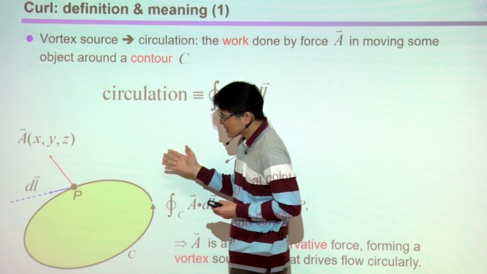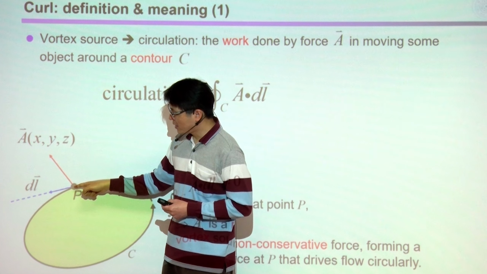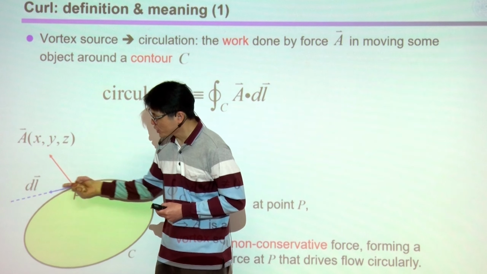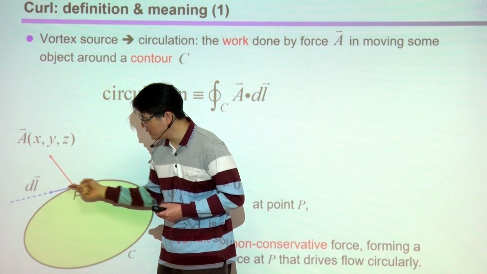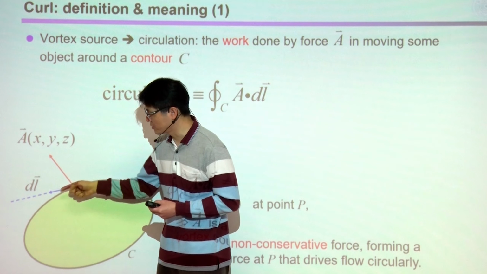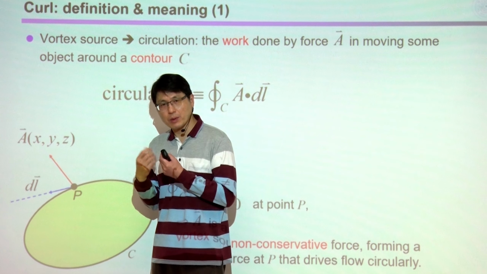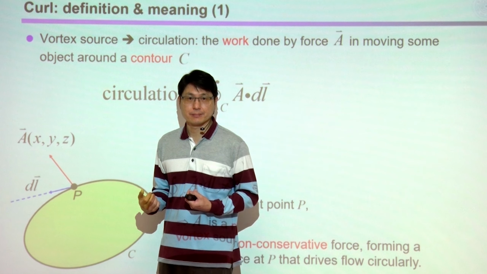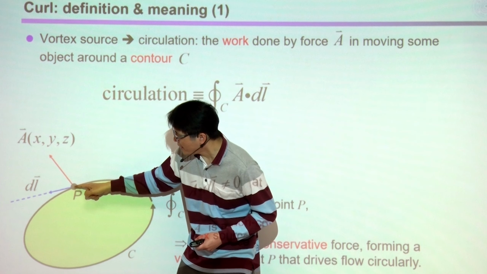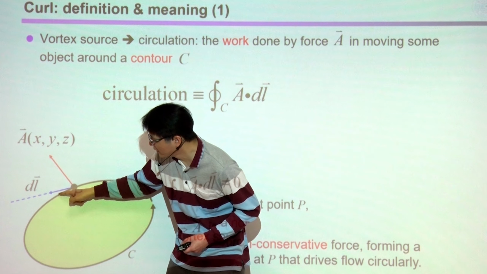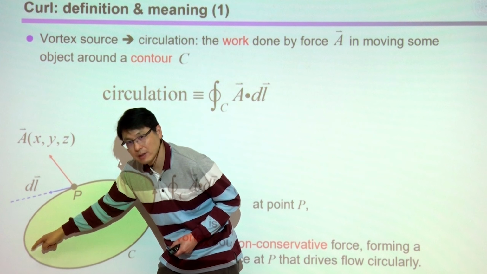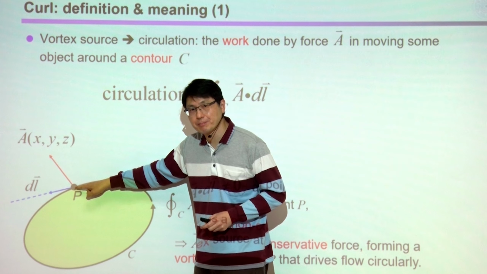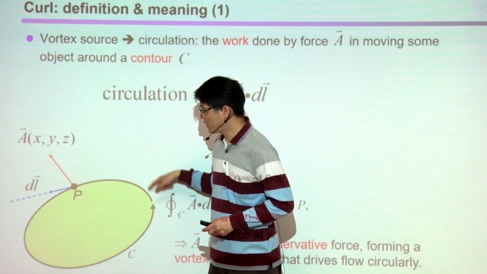So this is really asking, if I sit on point P and the vector field is pushing me, okay? Pushing me in the direction of dl along the closed contour, then it's giving me work. So I'm gaining energy. But the question is, if I walk along the closed loop, the wording closed loop means you start from a given point, you end up at the same point.